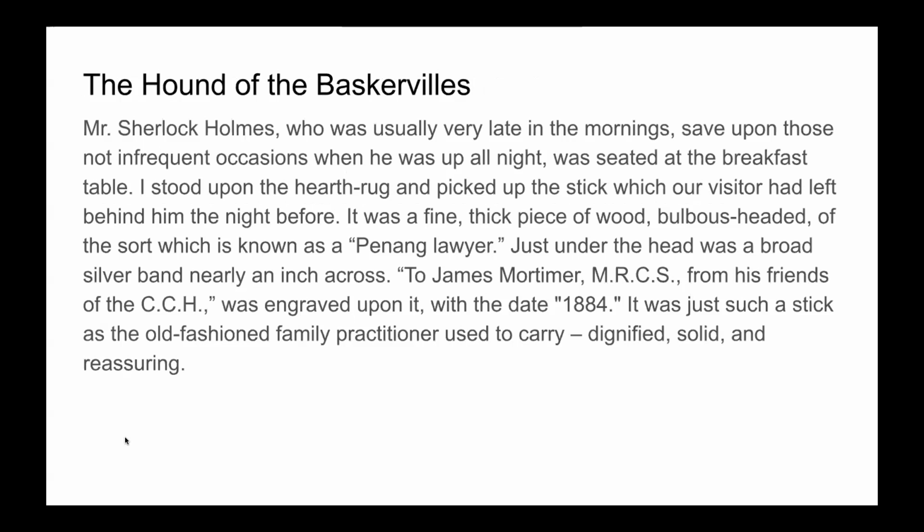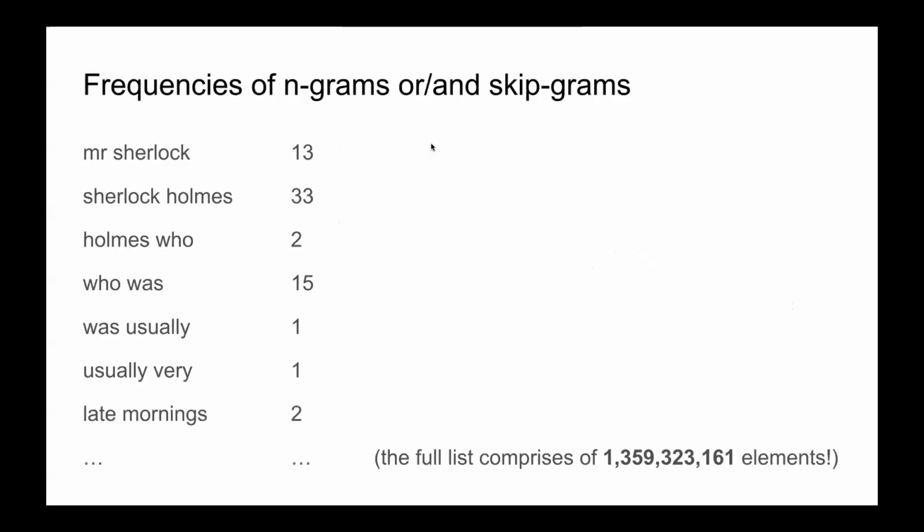So this is a text, and now what these models do, I'm oversimplifying, but you can assume that they trace all the situations in which Mr. and Sherlock co-occur, in which Sherlock and Holmes co-occur, in which Holmes and whom was usually, these word pairs are being extracted and put in a very, very long sequence or list.